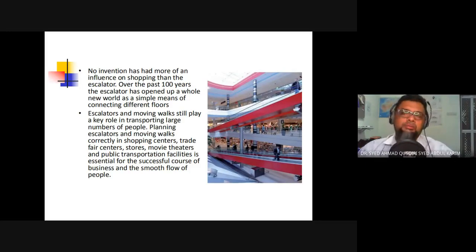So we must make sure that our escalator setup makes it easy for people to move from one level to another, and we direct the movement of customers by our setup of escalators.